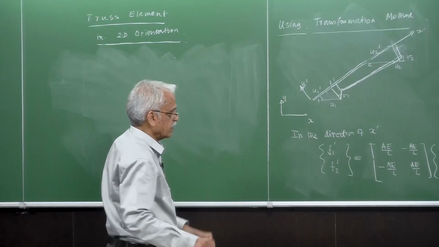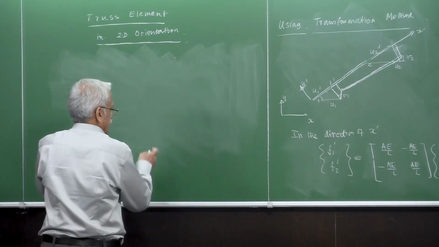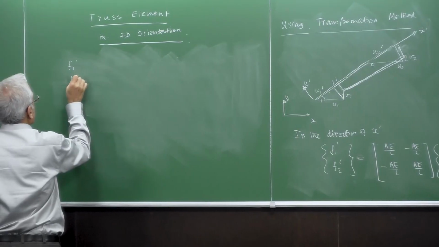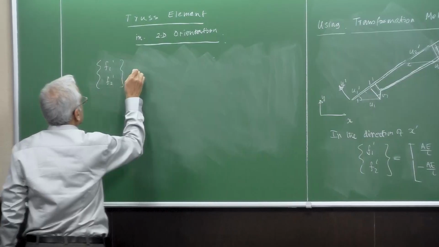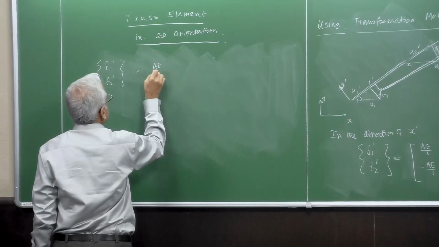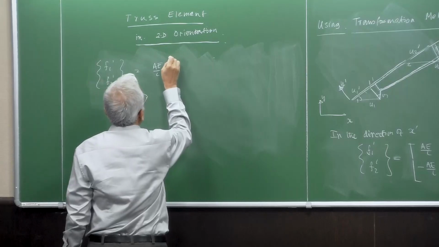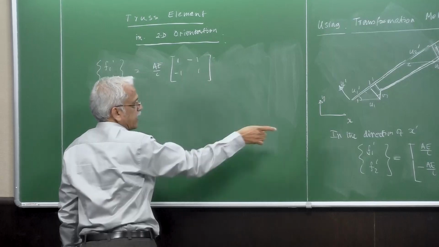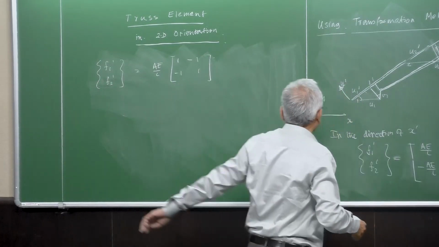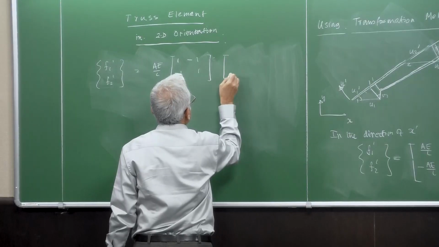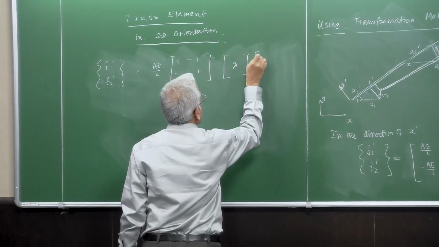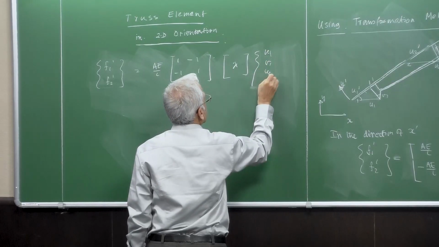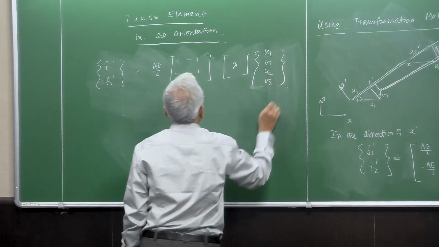So let's write that equation again here, f1 prime. I can take AE by L common. And this u1 prime, u2 prime, which we derived earlier, we represent by lambda, and here we write u1, v1, u2, v2.